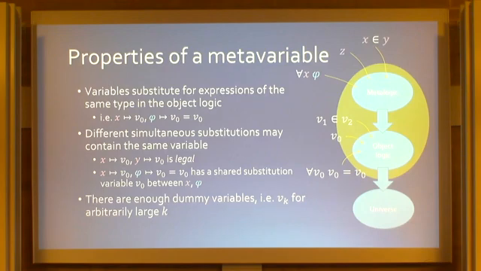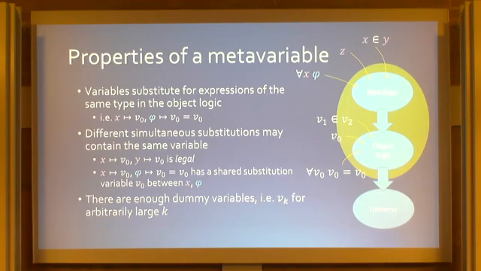You can substitute in two expressions at the same time. And in particular, just because two variables are textually distinct, like x and y, doesn't mean that they map to distinct variables when they have been substituted.